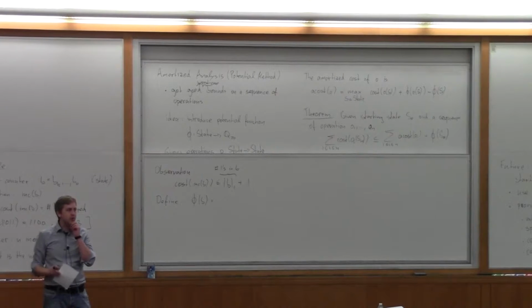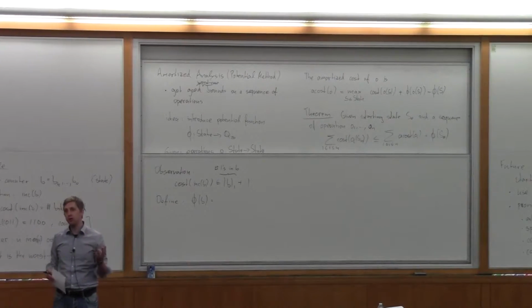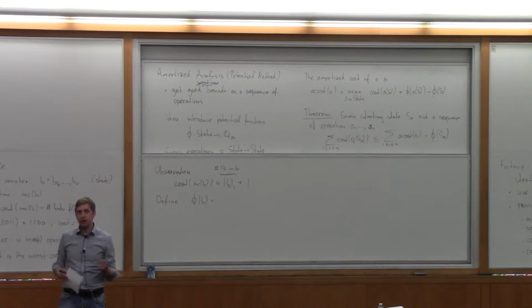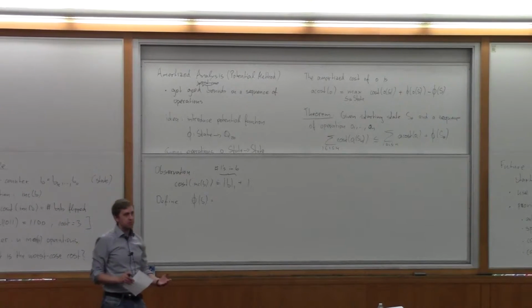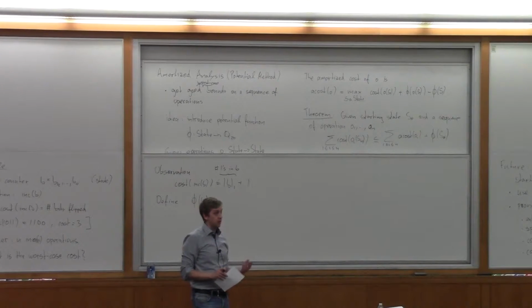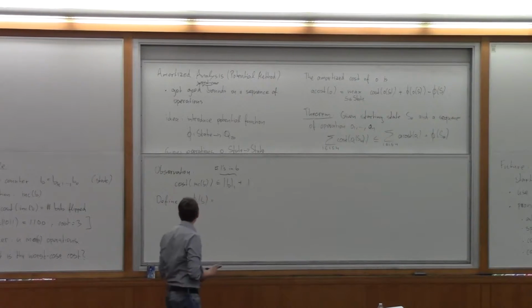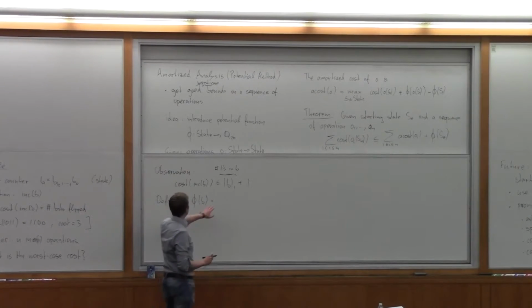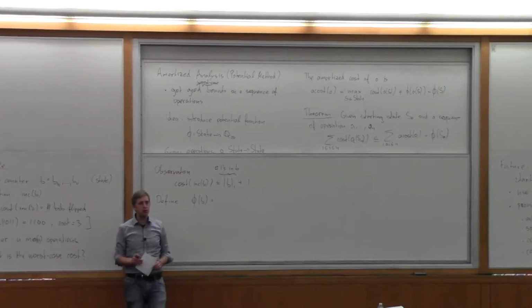The potential function always has to have a lot of potential when the cost is high, right? And then afterwards, it has to have a low potential after you did a costly operation. So when is an operation going to be costly?